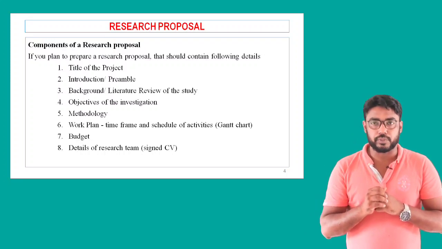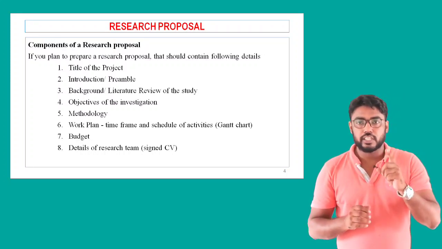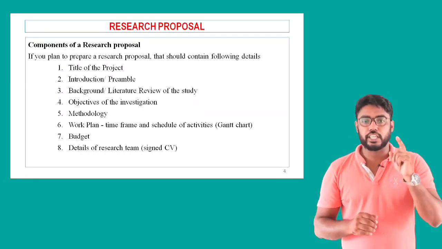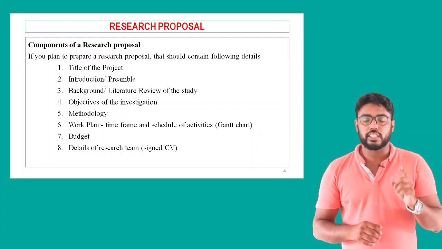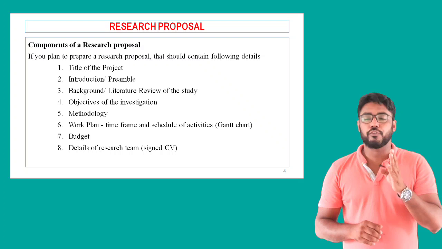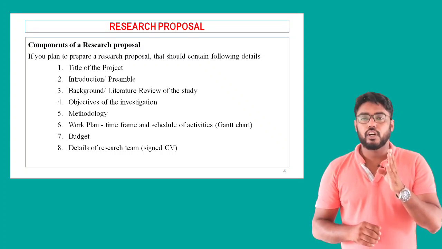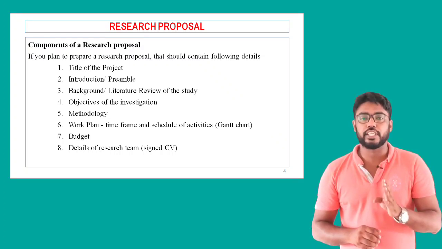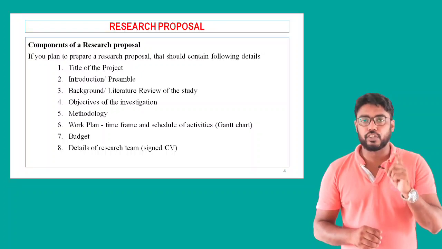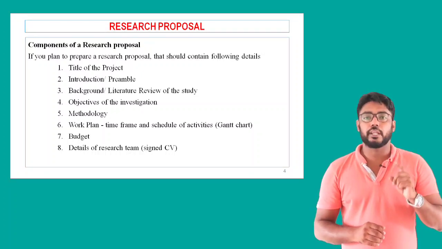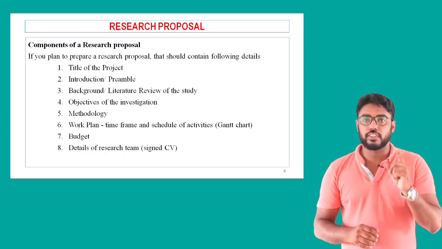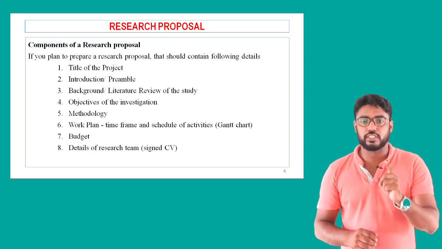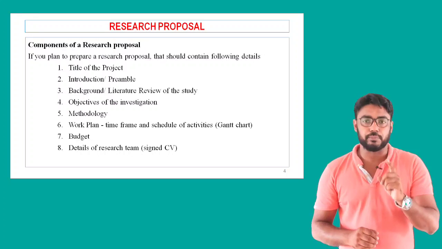First is the title of the project, second the introduction, third the background, which you can call a review of literature or literature review of the study, fourth the objectives of the investigation, fifth the methodology, sixth the work plan, seventh the budget, and eighth the details of the research team.